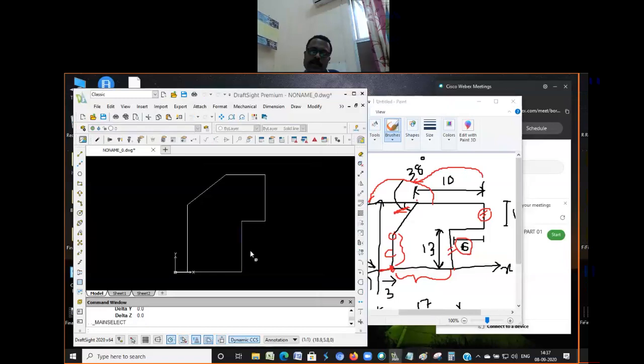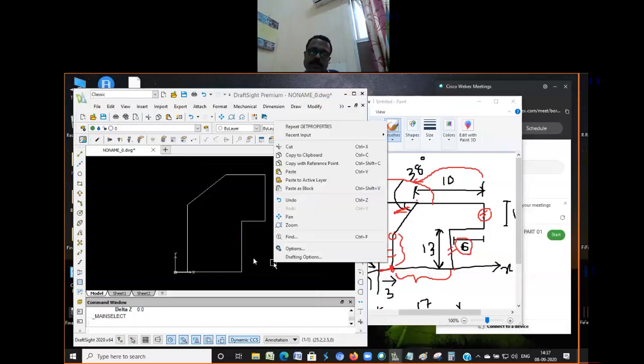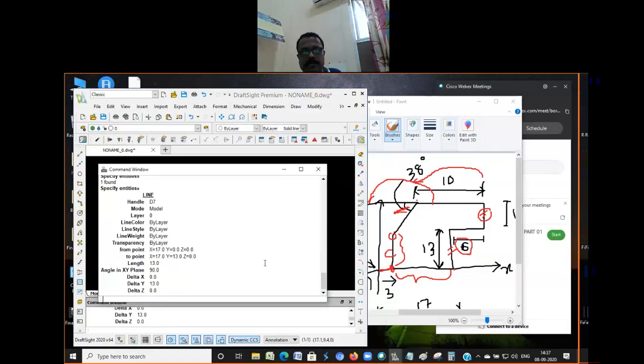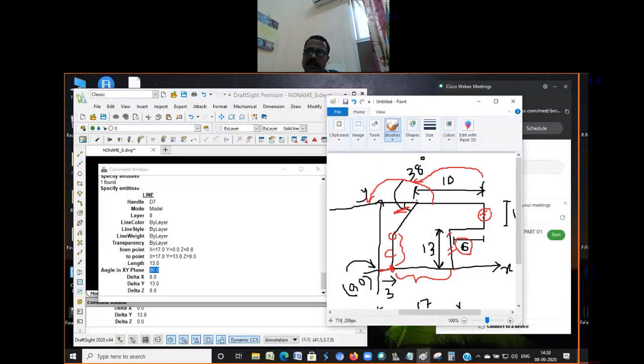Then this much. List. Again pick up this. Length is 13. Angle in the xy plane is 90. That means this line. Angle is 90 means this is the angle.